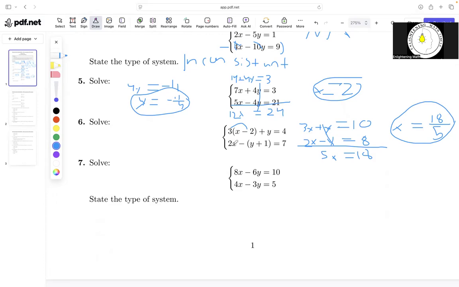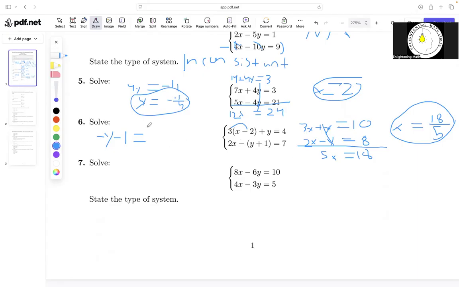Let's choose this bottom equation. So we have 36 over 5 because we take 18 over 5 and multiply by 2, is equal to negative y minus 1, equals 7, and we can just get rid of that by subtracting 36 over 5.